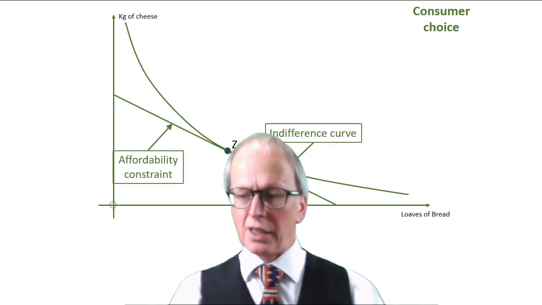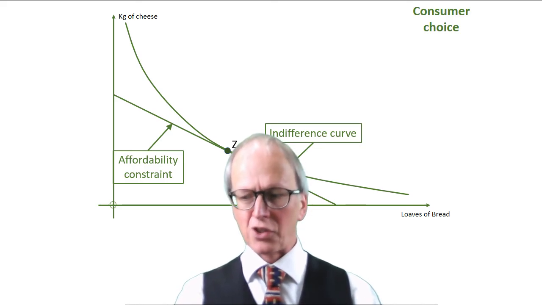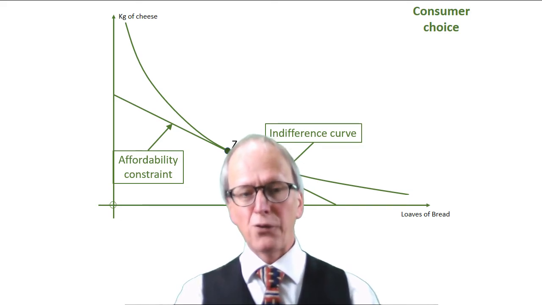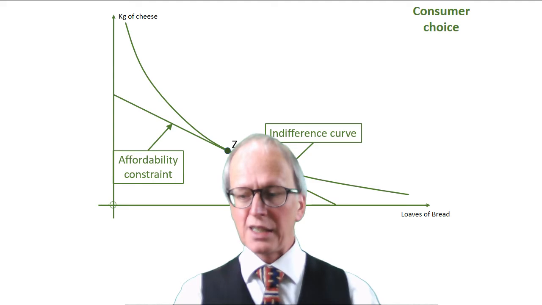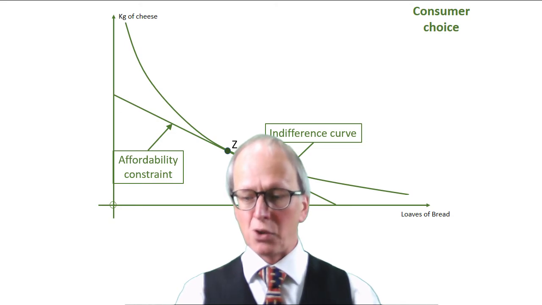At this point, there's just one more thing that I need to say. At point Z, the affordability constraint and the indifference curve just touch, but without crossing. We say that the affordability constraint is tangent to the indifference curve, and so Z is the point of tangency between them.